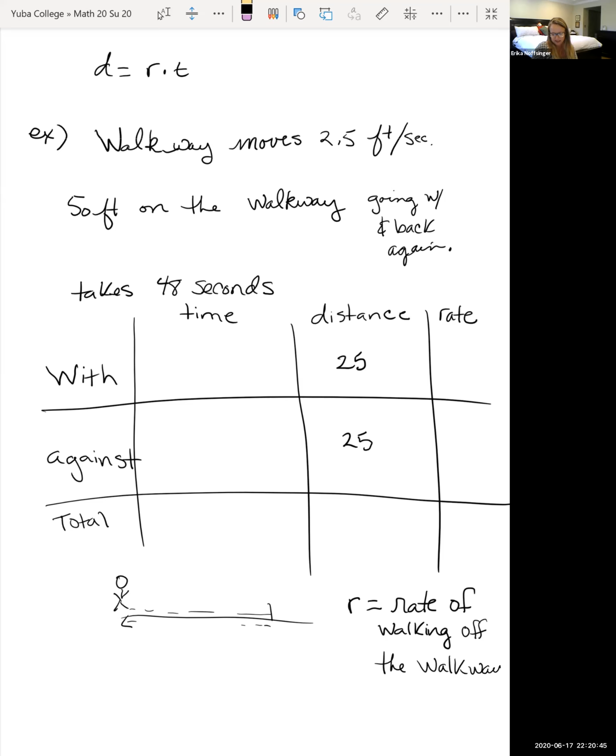So that means if we're going with a walkway, we have the rate that we normally walk plus the piece that is pushing us, which is 2.5 feet per second. So plus 2.5. And if we're going against that, then the rate is R minus 2.5.